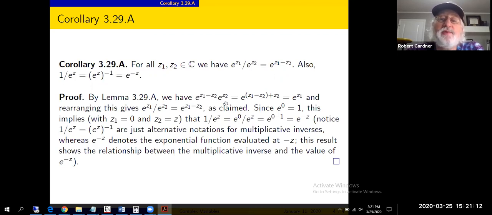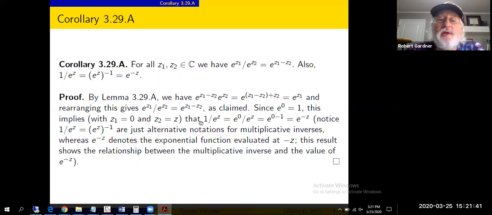We'll divide both sides by e to the z2, and that produces the quotient equal to e to the z1 minus z2, following that little protocol because we're using what we know. And what we know is lemma 3.29.b: e to the 0 equals 1. That's just the meaning of having an exponent of 0, provided the base isn't 0.